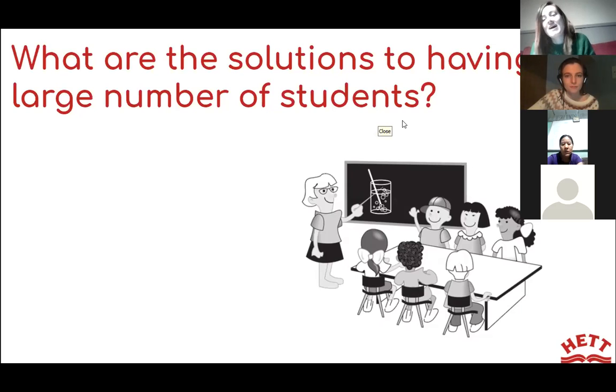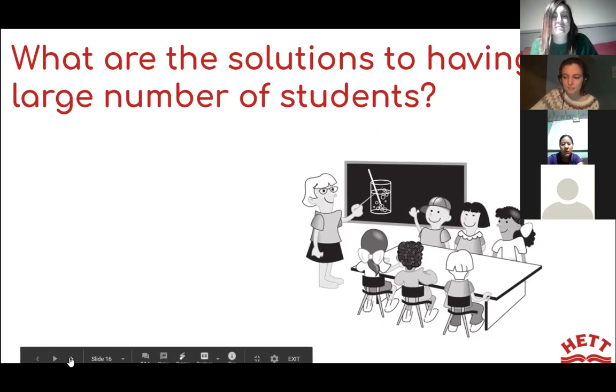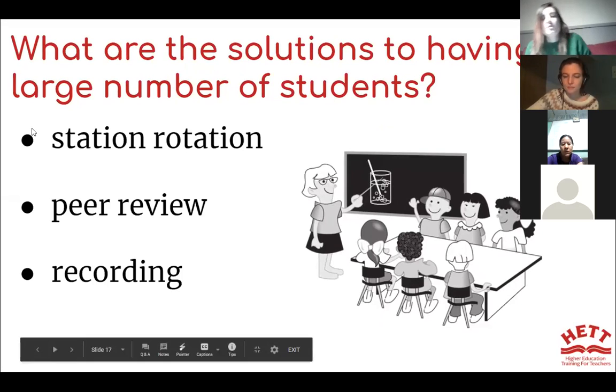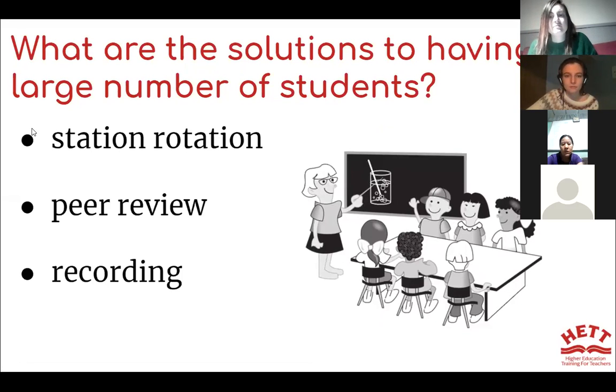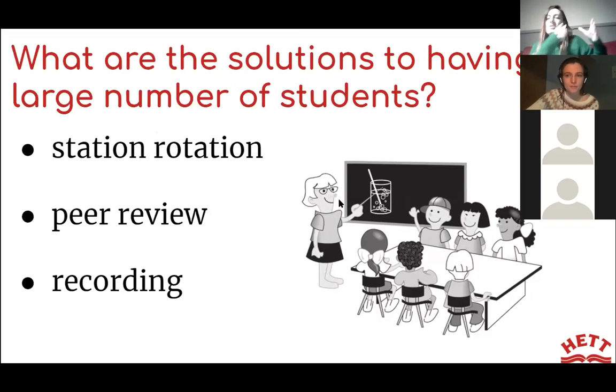Increase HR resources. Yeah, I mean, that's good. I don't know how much you can do that individually, but that might come down to funding as well. So yeah, we have station rotation. So maybe like you mentioned, putting them in groups. Yes, tutoring struggling students. Yeah. So station rotation.